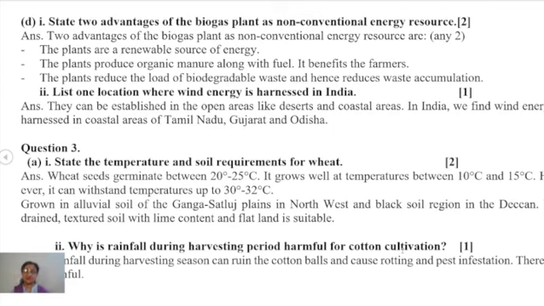Three points have been discussed and out of these any two you can write. Number one, biogas is a renewable source of energy. Then, it produces organic manure along with fuel.